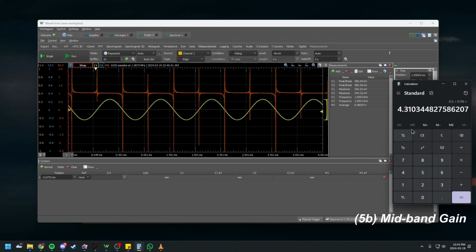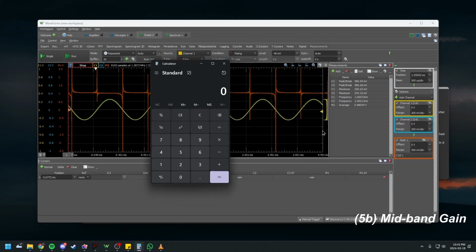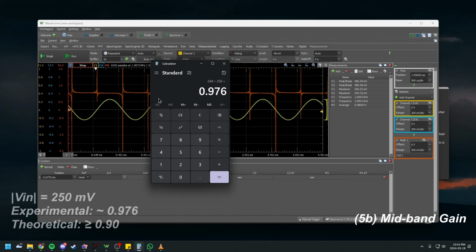We can divide these numbers to find our midband gain, divided by 250, which is approximately equal to 0.98, well within the project specification.